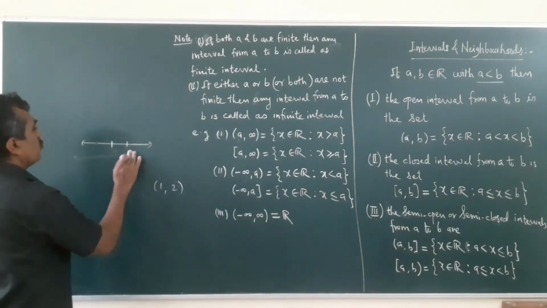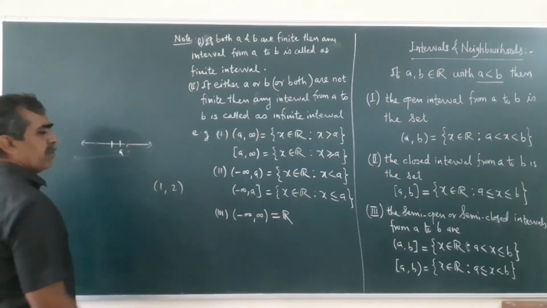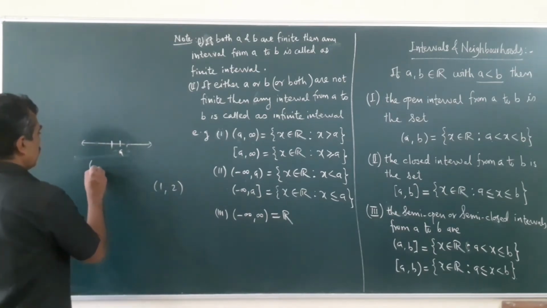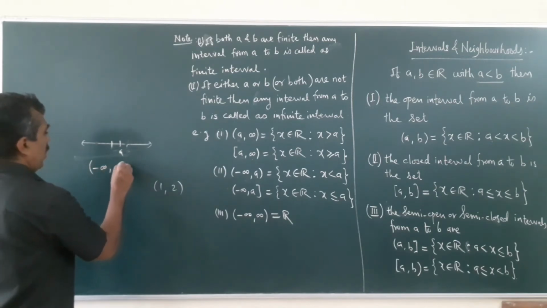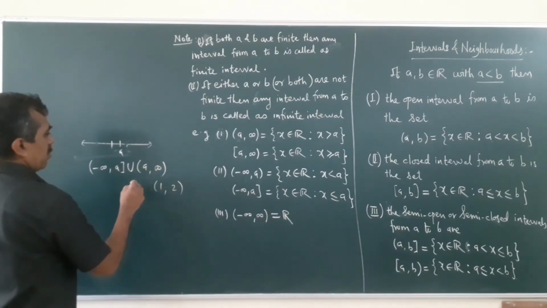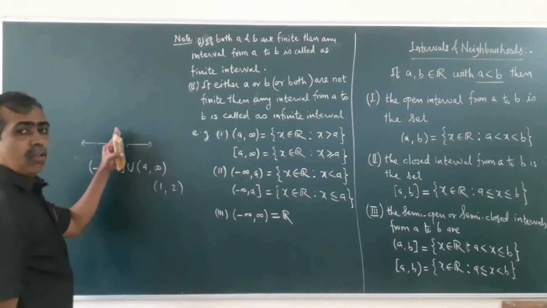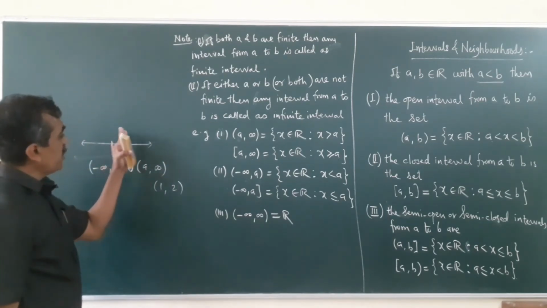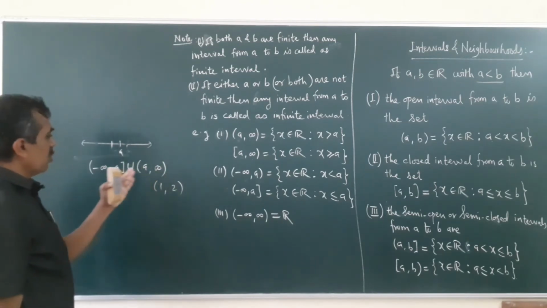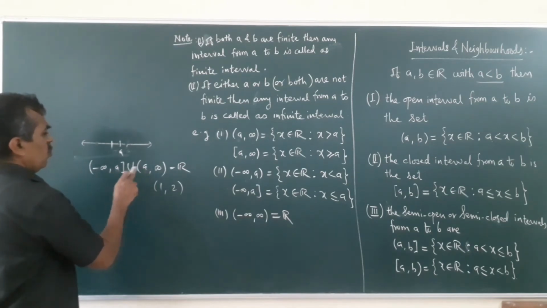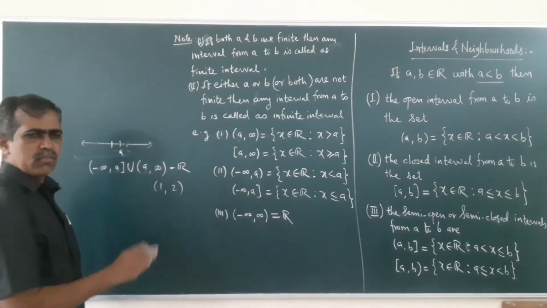Suppose this is any real number A. I can write this as (minus infinity, A], union (A, infinity): all the numbers to the left of A and all the real numbers to the right of A, their union. This is nothing but R. You can take A as 0 or 5 or any number, it doesn't matter.